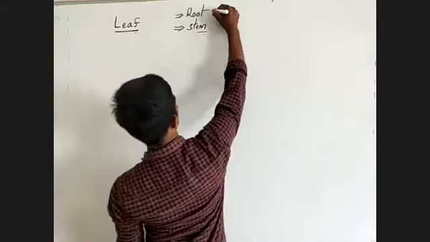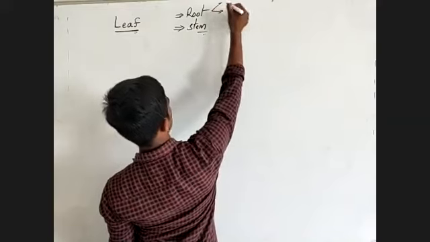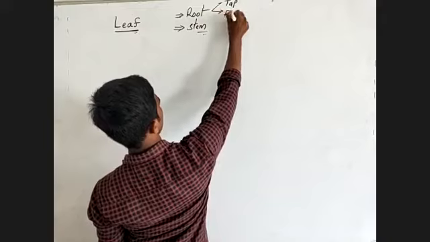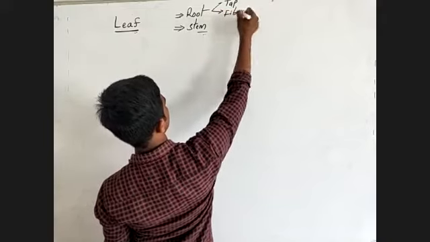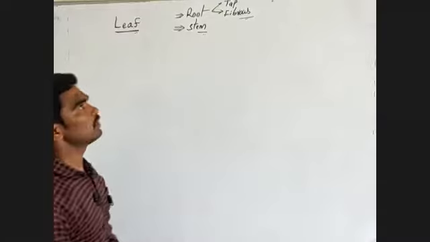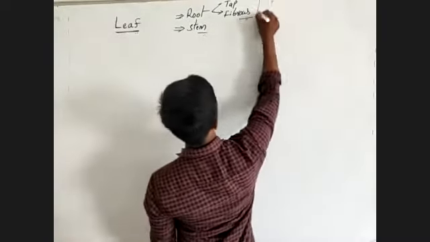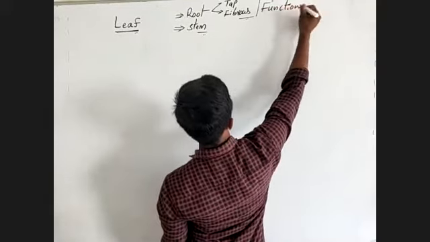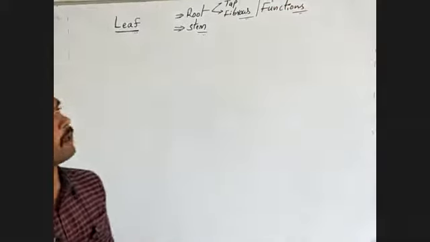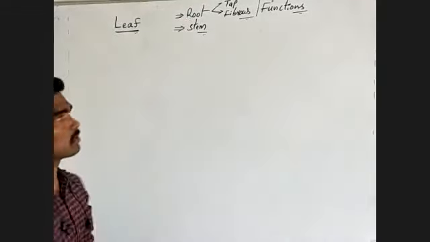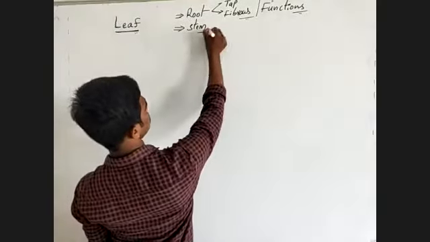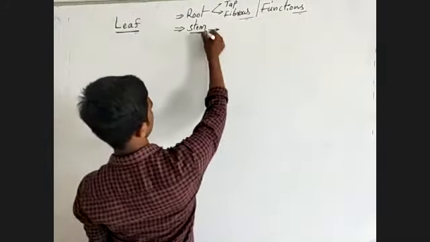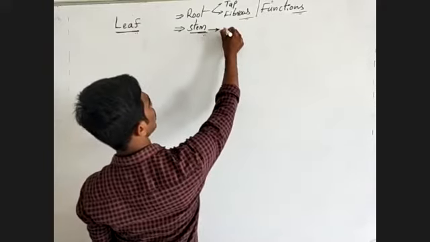Here, root, types of root systems: taproot system, fibrous root system. Next, functions of root. Like this, we discussed about root. Next, stem. Next stem, here some modifications.